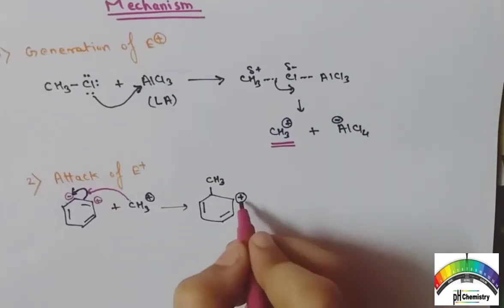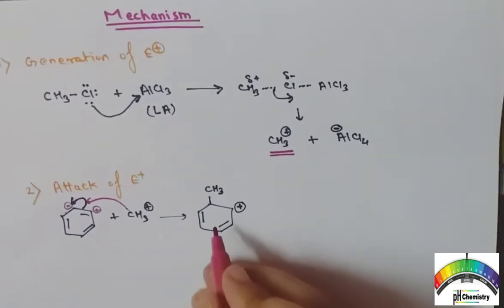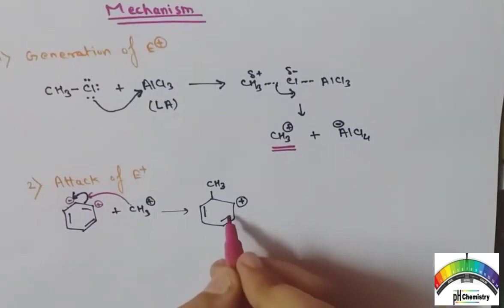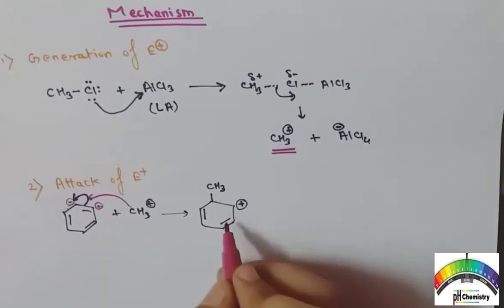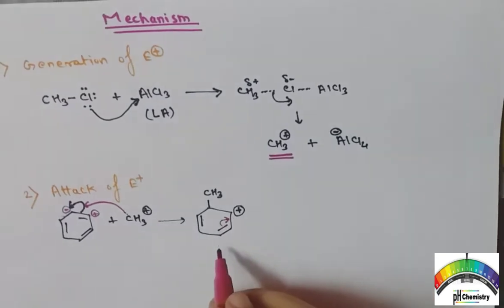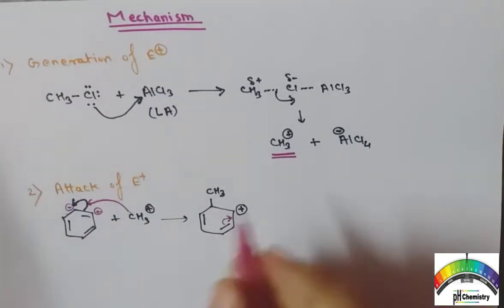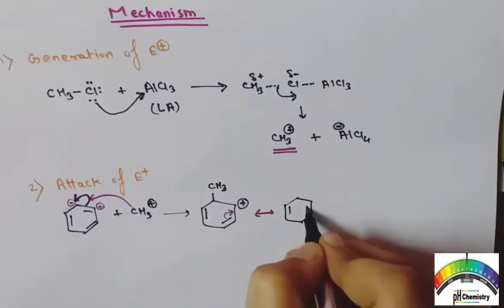Now the positive charge is on the benzene ring. The double bonds are in resonance, and it will try to stabilize this positive charge. So this double bond shifts here. When this double bond shifts here, we get different resonance structures.